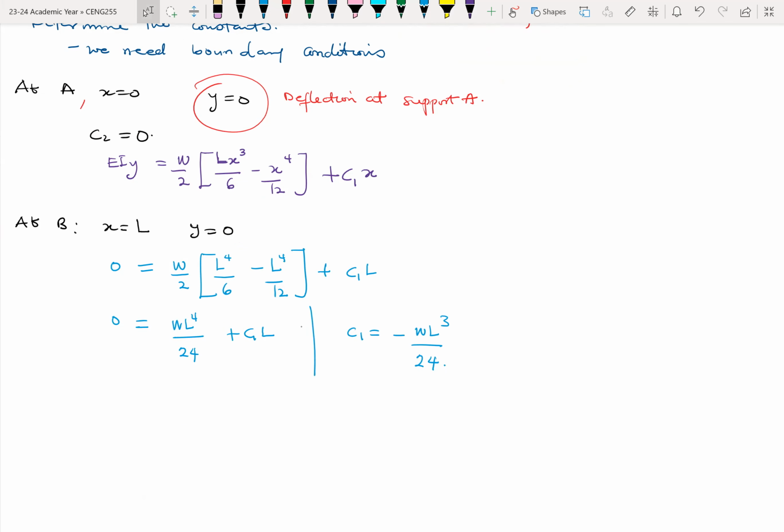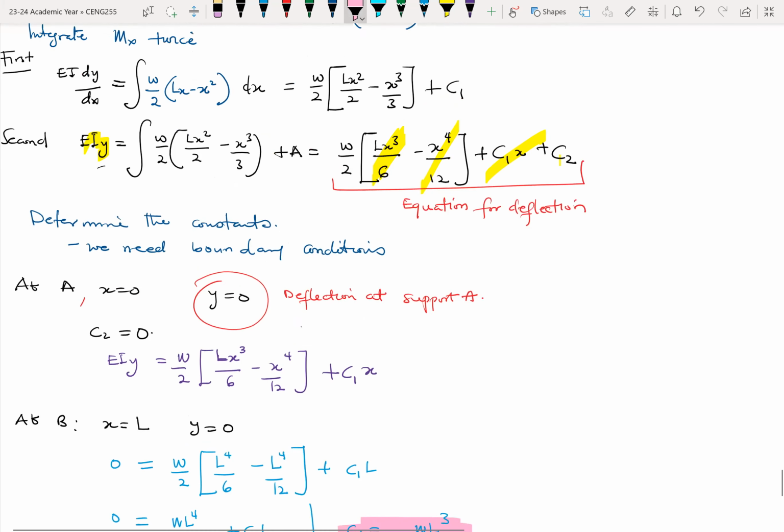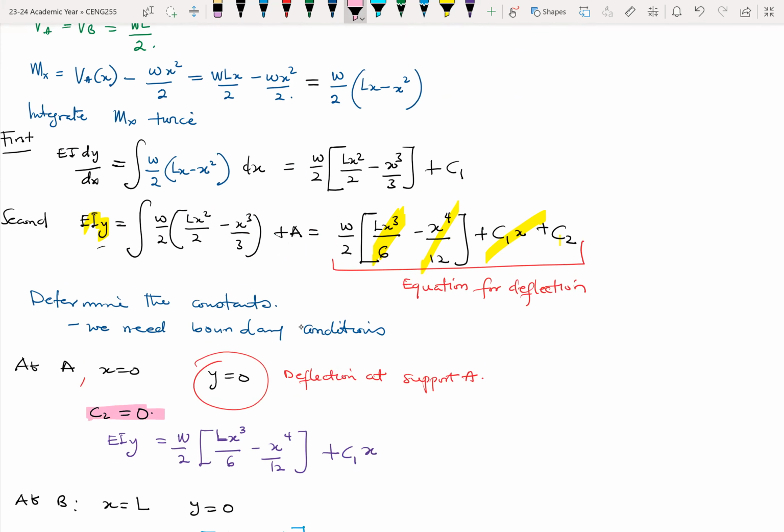So now I know what my C1 is. I already have my C2 being equal to 0 somewhere here.